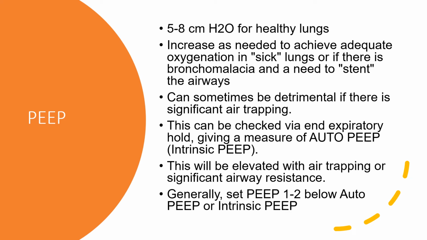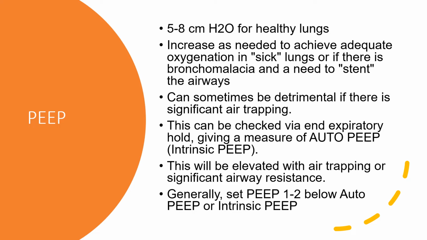For someone with sick lungs, pneumonia, ARDS, a whole host of other conditions where their lungs are not oxygenating properly, increasing the PEEP directly improves oxygenation. The problem with PEEP is that it could cause cardiac compromise, like reduced venous return. It could also cause air trapping.